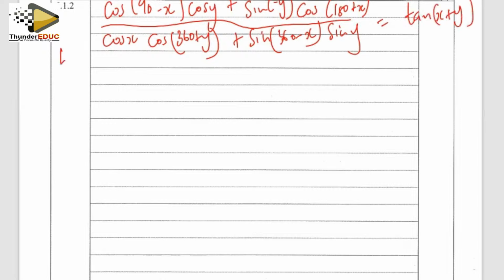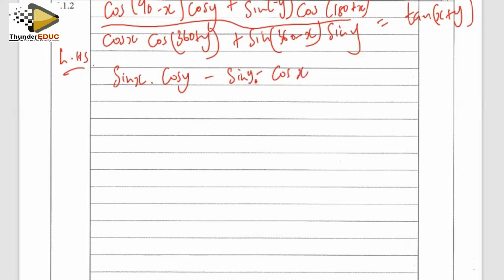All right, let me start from the left-hand side, okay? Left-hand side. So 90 minus will give me sine of x using the reductions because it's a compound angle. Then that's cos y, we can't do anything about that. Then the negative sine of an angle, it will be negative sine y. Cos of 180 plus, this is quadrant 3, where cos is negative, so negative cos of x.